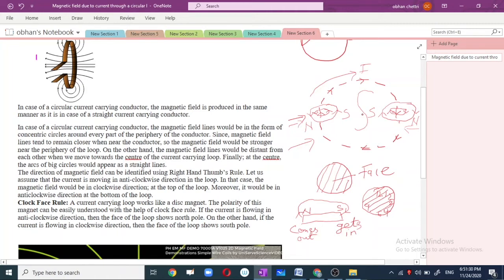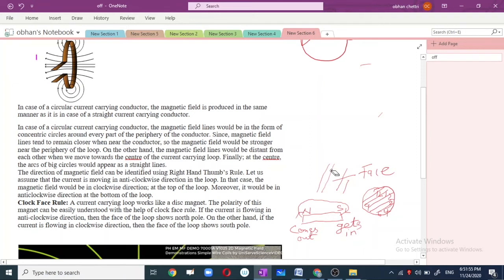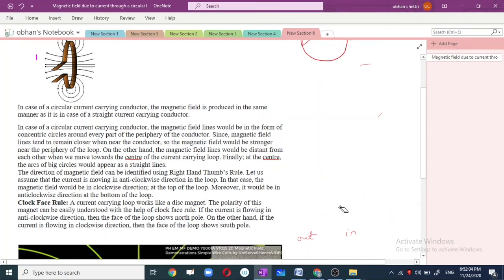Alright, now what happens if I reverse the current? Initially the current was flowing in the clockwise direction. Now I'll draw all these things and come to the condition when the current is flowing in the anti-clockwise direction.